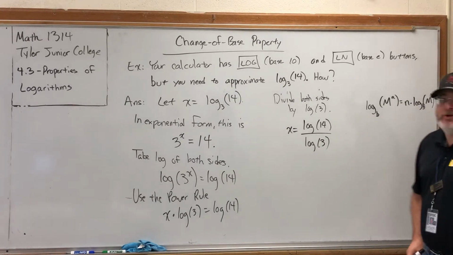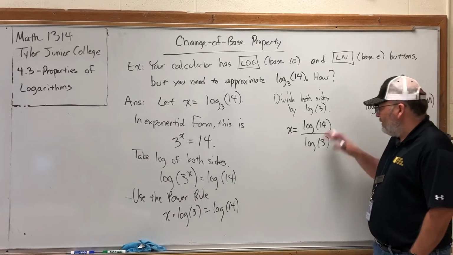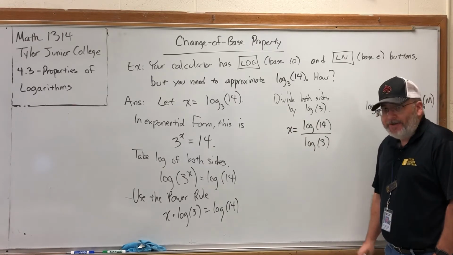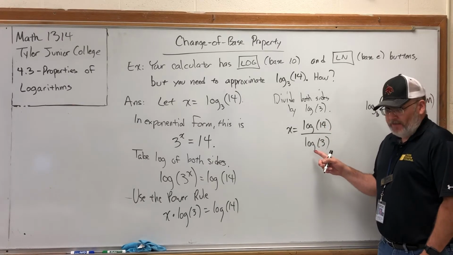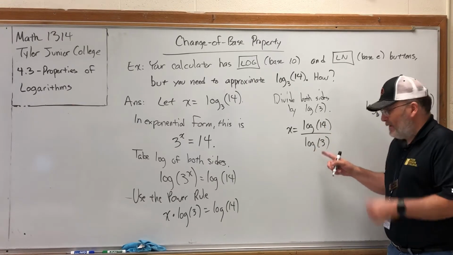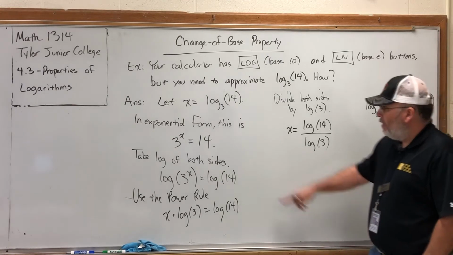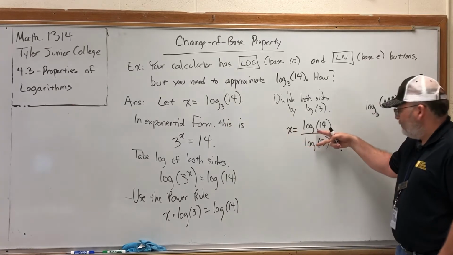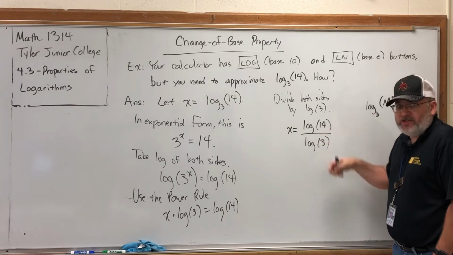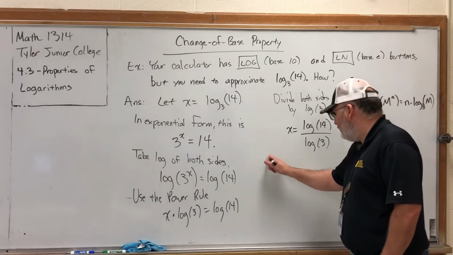We're back to x equals, but now x equals something that looks different than the way it started, and this can go into a calculator. We've essentially changed this from base 3 to a new base. We chose base 10. And this is something I could put in a calculator.